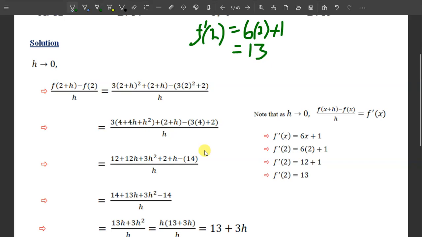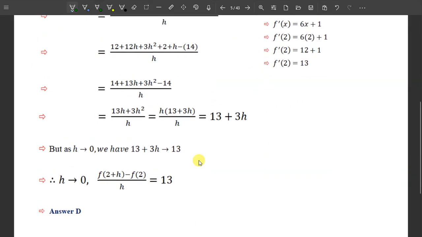Don't forget to write as h goes to 0. Multiply 3 by 4, it becomes 12; 3 by 4h is 12h; 3 by h squared is 3h squared; plus 2 plus h minus 14.